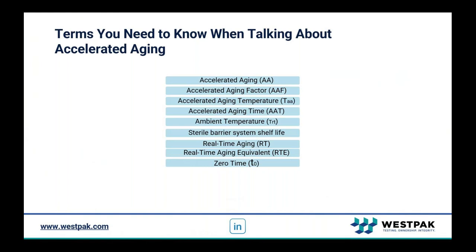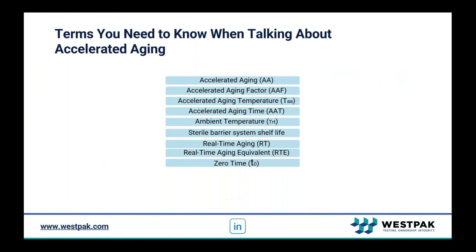Ambient temperature, or TRT, is the storage temperature for real-time aging samples, which is typically the storage condition. It is also the temperature used to calculate your aging duration.